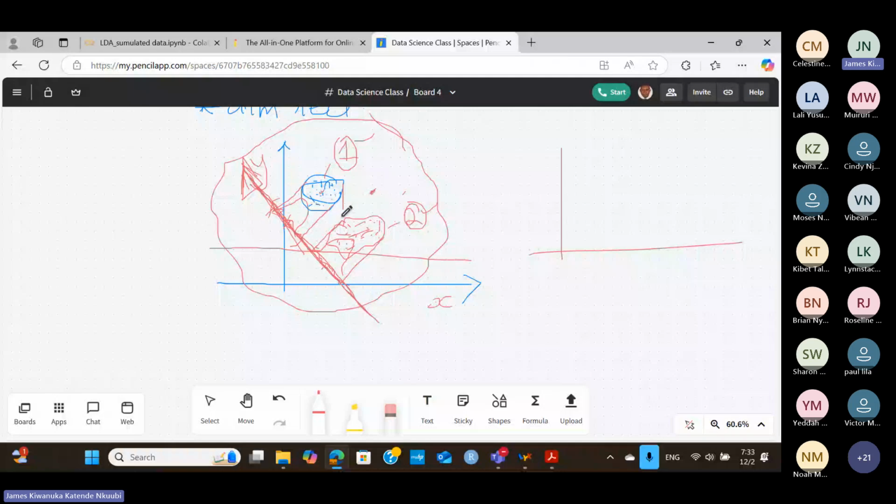If you drop along that line, there'll be some intersection. But LDA will try to find the best line that separates the two classes, and then you're able to classify them based on some probabilities. You're able to compute the probability of being in either class, and the one that has a higher probability is where it is classified.